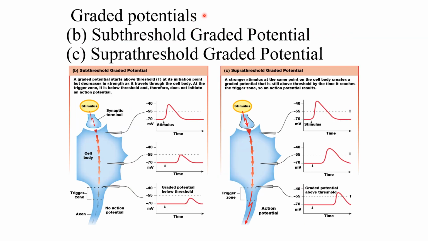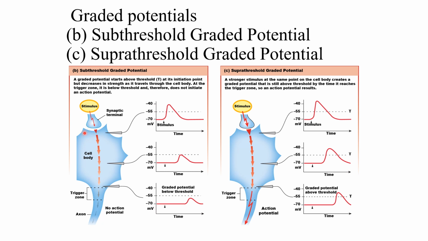Graded potentials, their strength varies depending on the initial stimulus. The stronger the stimulus, the stronger the graded potential will be. The weaker the stimulus, the weaker that graded potential will become. Now, graded potentials only travel short distances.